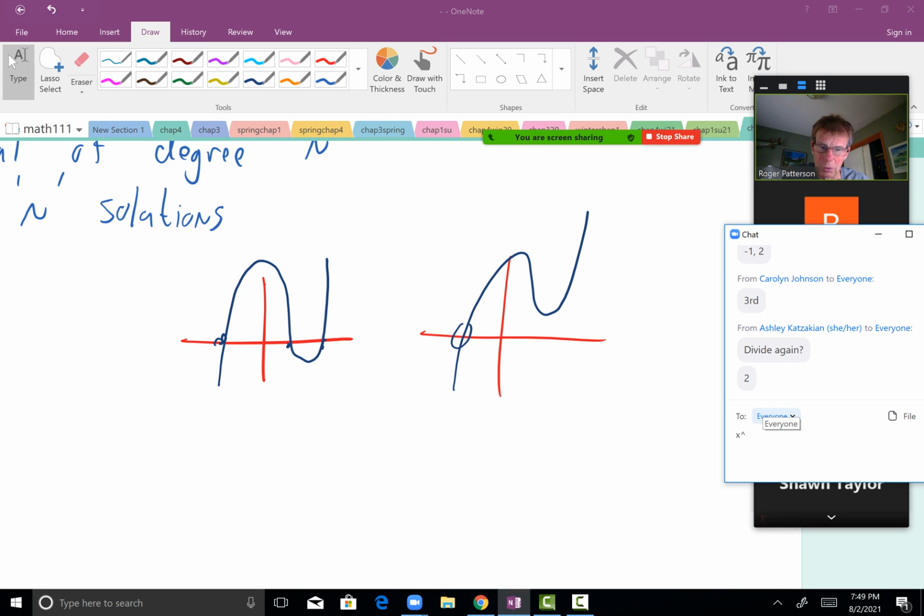So here's one I want you to look at. So x to the third, I'm going to put it in the chat again. All right, plus 2x squared plus x minus 18 equals 0. All right, so I put that there. Okay, now graph that and tell me what the x-intercepts are.